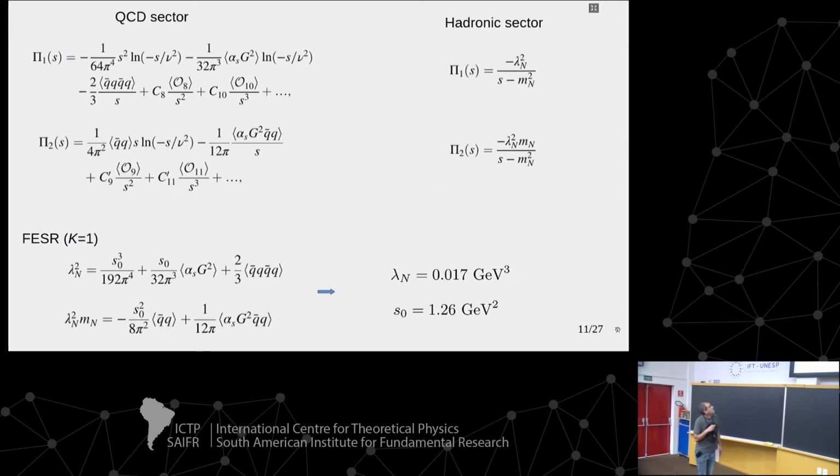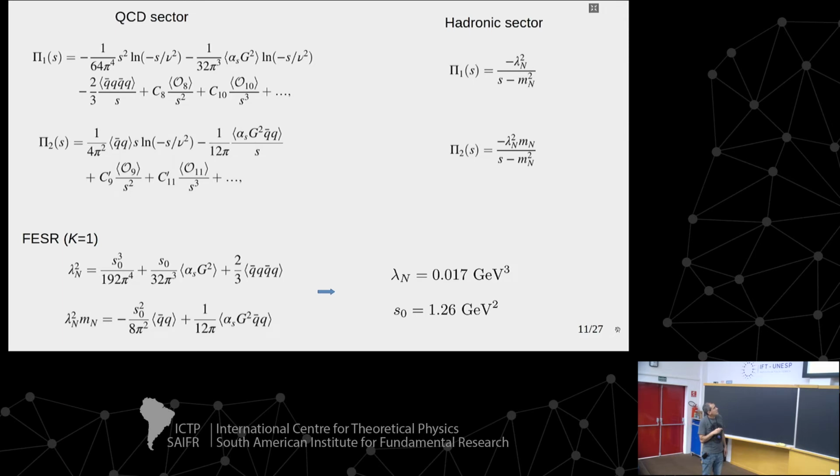So here we have the QCD sector. Pi 1: you have this s squared times a log. Then the gluon condensate is proportional to a log. Then the four-quark condensate is proportional to 1/s, and the other condensate.